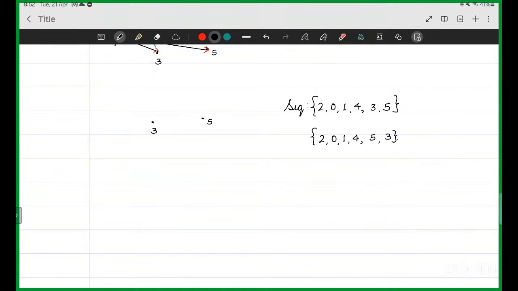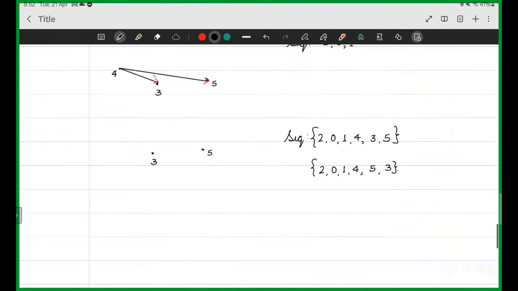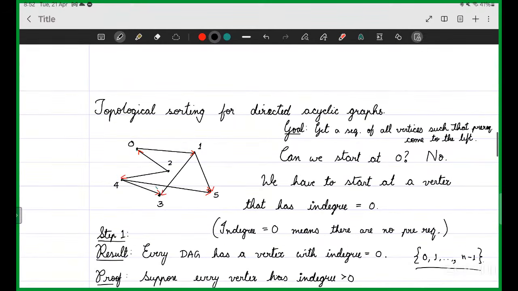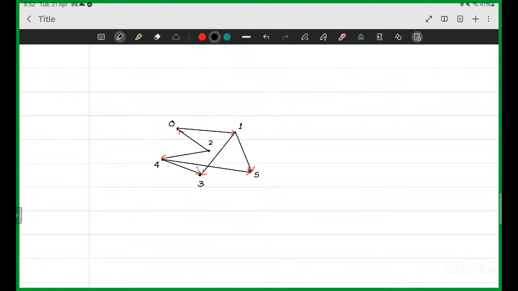Now, in terms of how we do the given algorithm in terms of in degree, let's say we start out with the original graph. Right now, I can write the in degrees of each of the vertices.